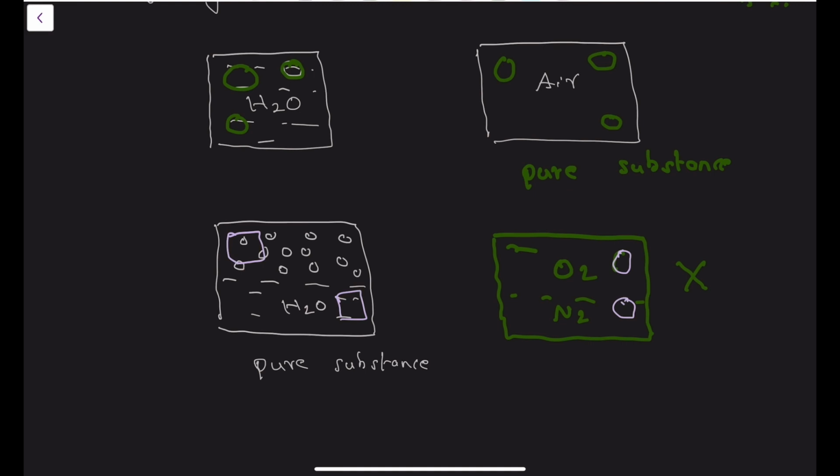Once we have understood what a pure substance is, we can try to understand what a phase is.